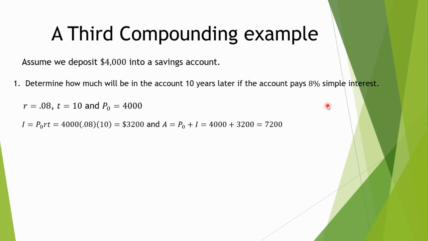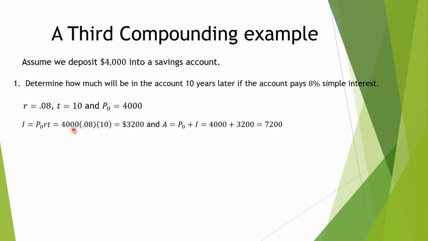Okay, so let's use our formulas, right? Notice this is simple interest. We're not compounding yet, although we will soon. So we have R, the APR, annual percent rate, is 0.08. We have T is 10, P naught is 4,000.